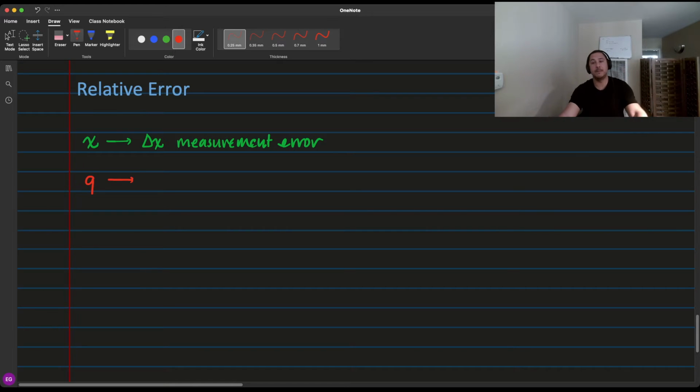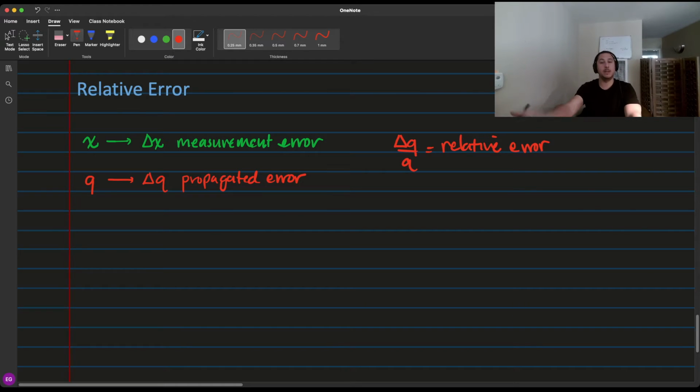Area is the quantity. So delta q is your propagated error. Delta q over q is what we call the relative error, because you want to know basically how big your error is compared to the thing that you're calculating.